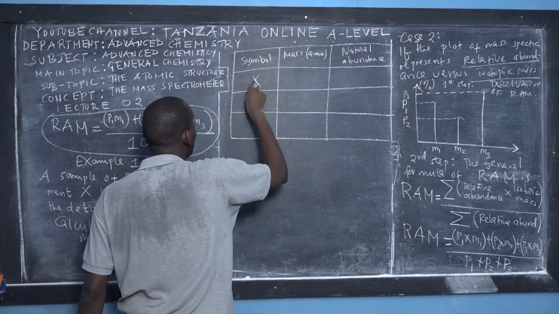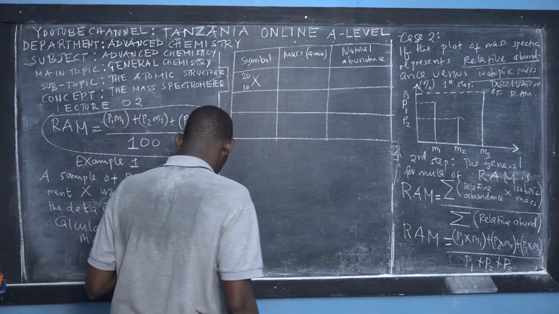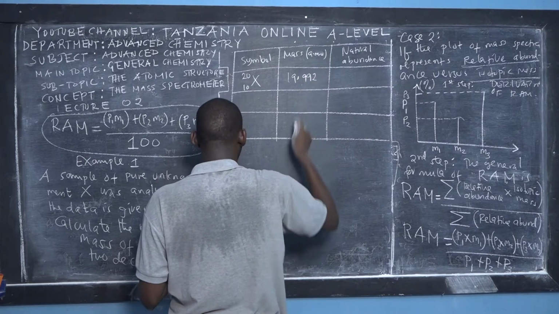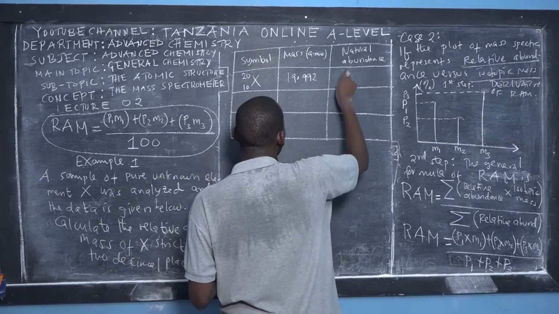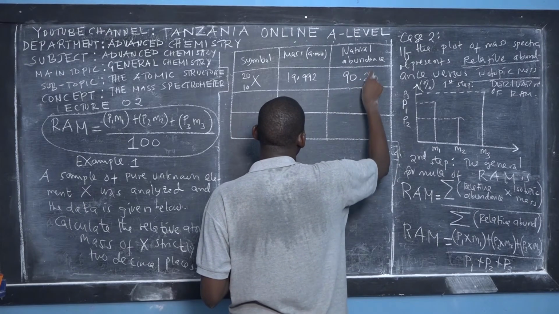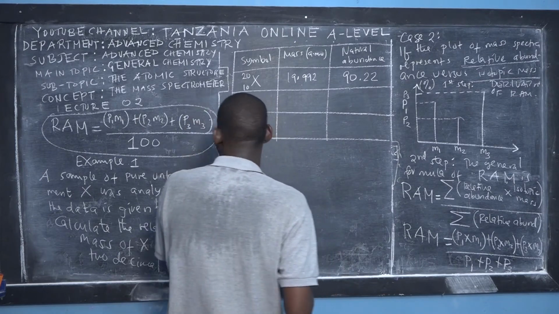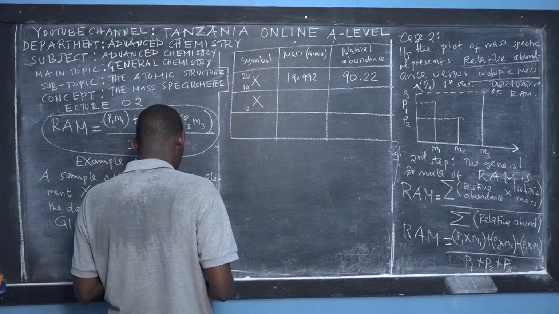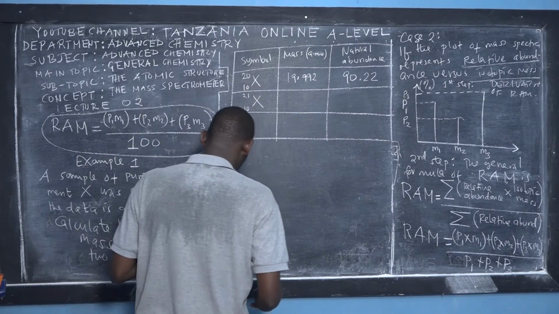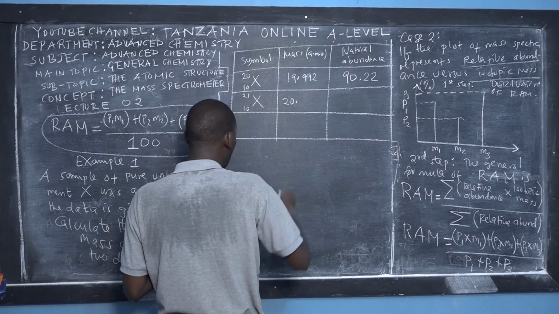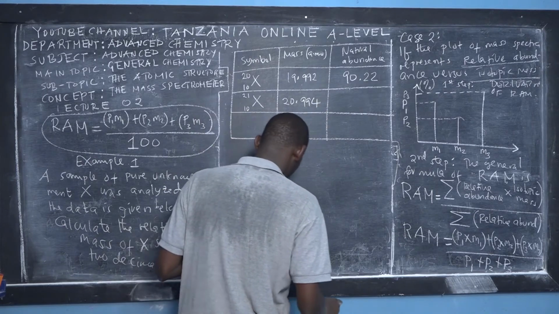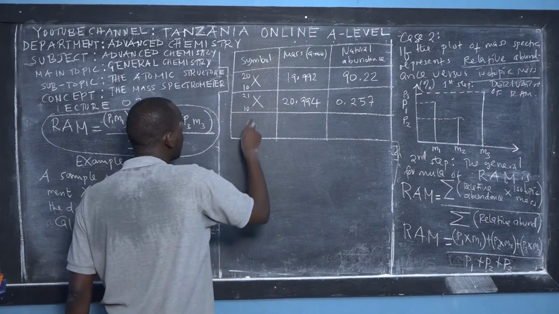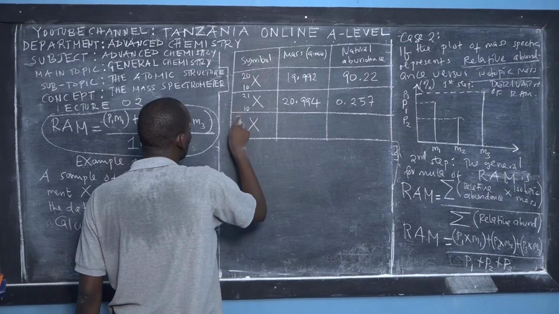The first isotope is Ne-20. Then its mass is 19.92 atomic mass units, with its natural abundance as a percentage. Then I have Ne-21, with mass 20.994, and abundance 0.257. Then you have the third isotope.